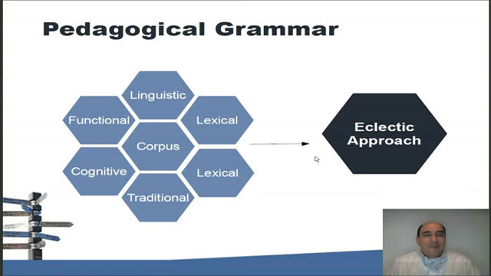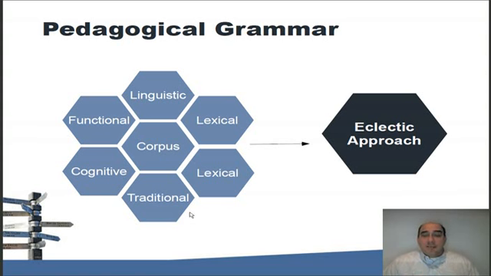A little different from the traditional, I'm going to do work in cognitive linguistics, cognitive grammar. Well, I'm not just going to be in the mind. I want to use all of them. I may do things in the mind, but I may do things with the morphology and jump into a lexical or a traditional approach. It's all because I want my students to learn.